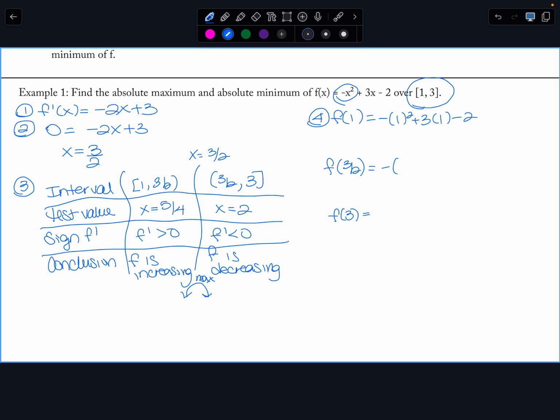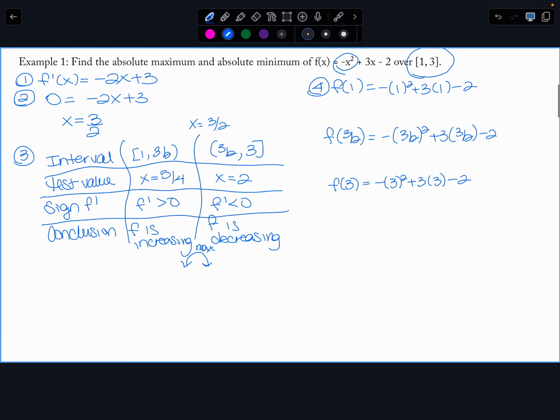And then negative of 3 halves squared plus 3 times 3 halves minus 2. And 3, so negative of 3 squared plus 3 times 3 minus 2. So I can do this, or I could have used synthetic division.